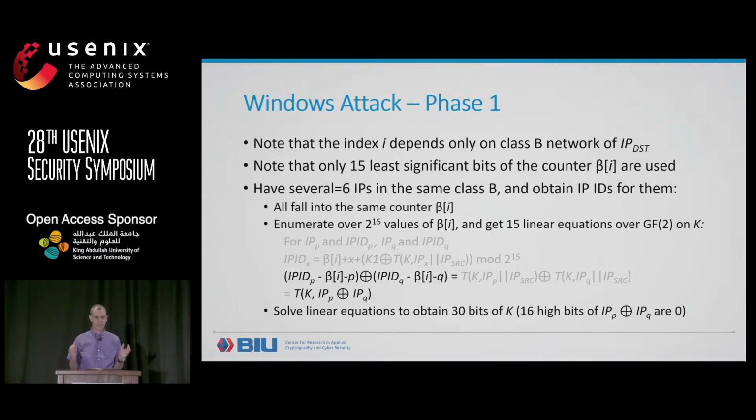So the only thing that remains unknown is the K at the right-hand side. Hence, we have 15 equations over GF2 on bits of K. Naively speaking, I'd say it's enough to have 2 such sets of equations to calculate 30 bits of K. In practice, we need some more. Details are, of course, in the paper. But at the end of the day, we get 30 bits of K.